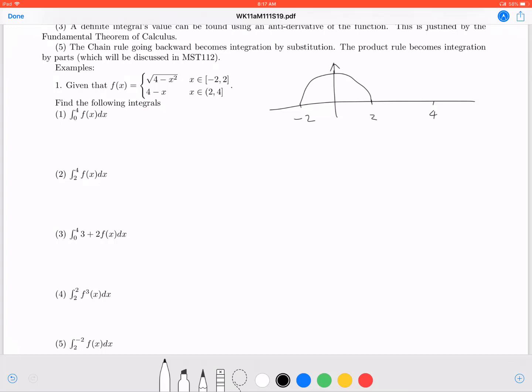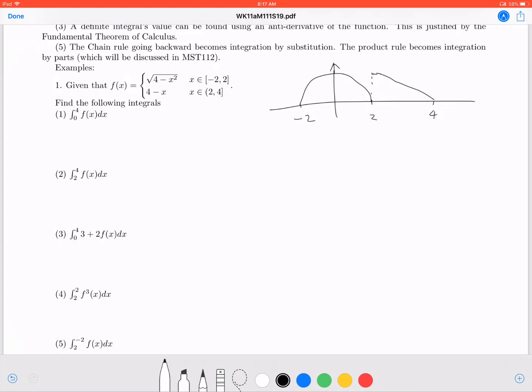So when x is 4, it's 0. When x is 2, it's going to be 2. So what we have is something like this. And here is discontinuous, so here we don't really have a value. Okay, now we are ready to find these integrals.